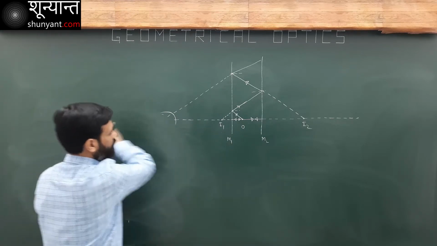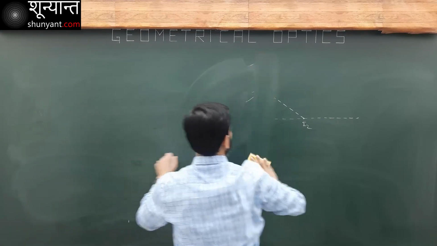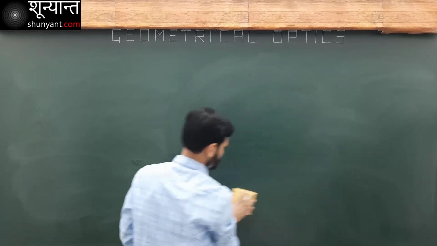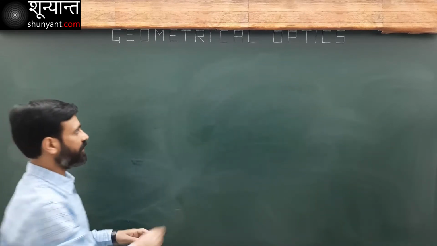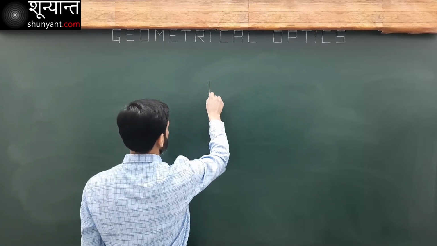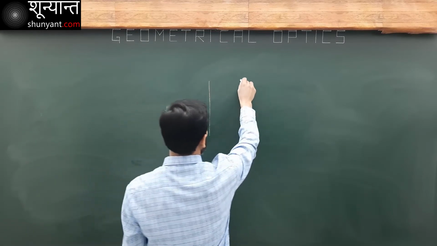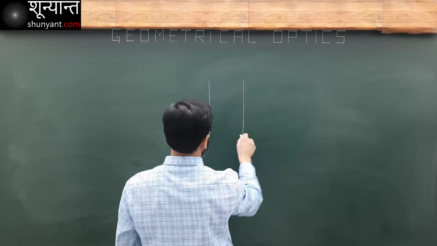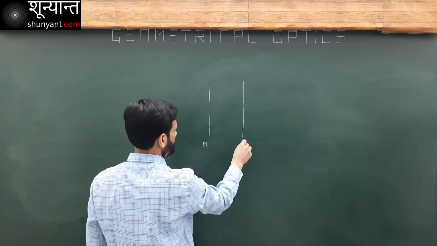We can do it this way. First image from M1. Let me draw it like this. This is M1 and M2.